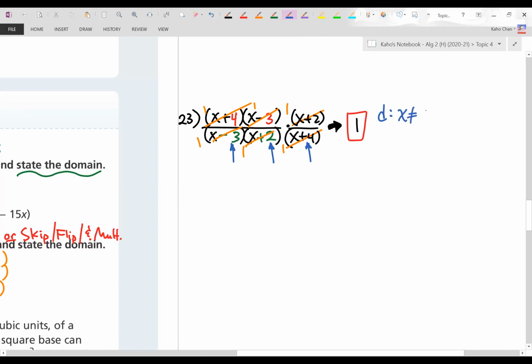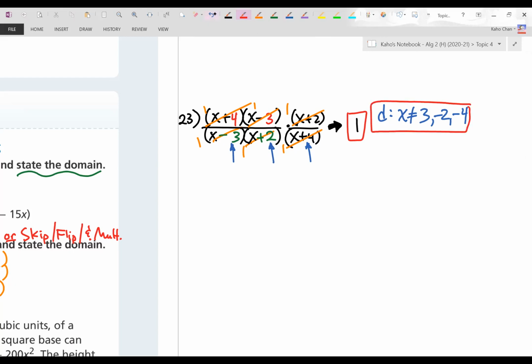They cannot be positive 3. If you put a 3 in here, that would be 0, right? So that's not part of the domain. Also, negative 2 would make that 0 right there. And finally, negative 4. So 3, negative 2, and negative 4 will make the denominator 0, and that would be bad. That's your domain, ladies and gentlemen.